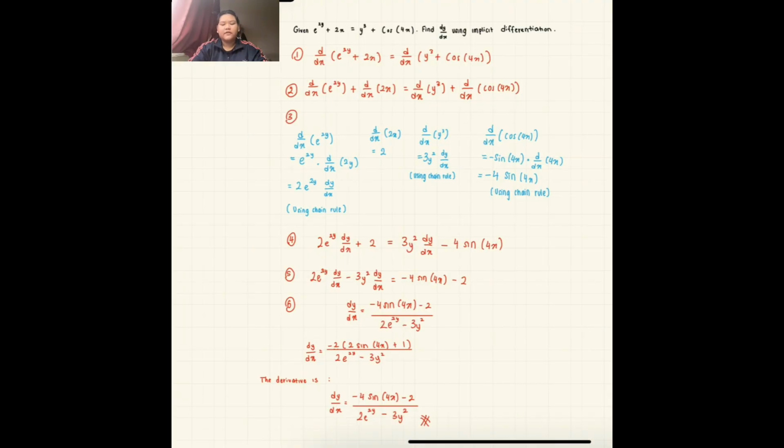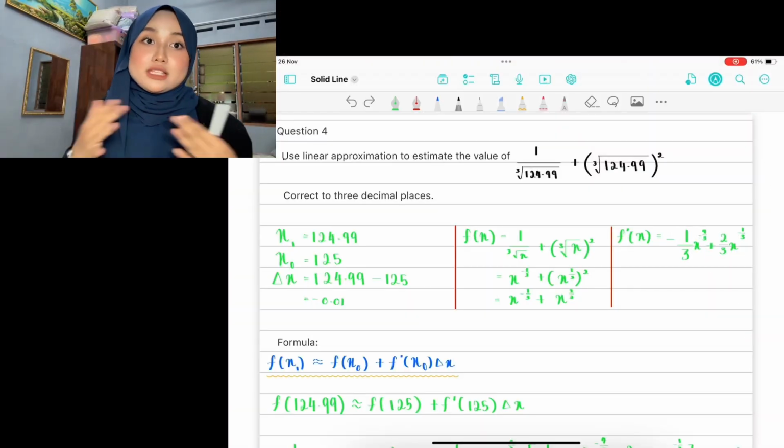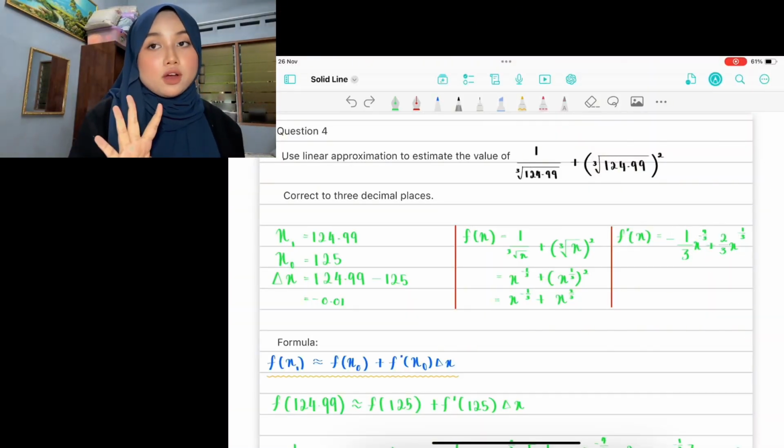So the derivative is dy/dx equals negative 4 sine 4x minus 2, divided by 2e^(2y) minus 3y^2.